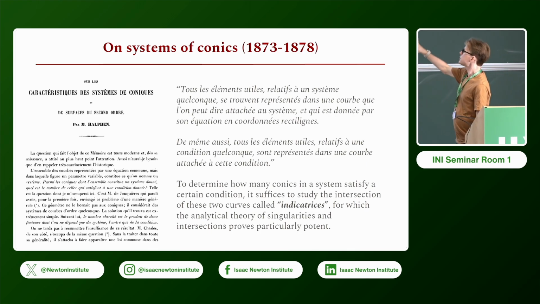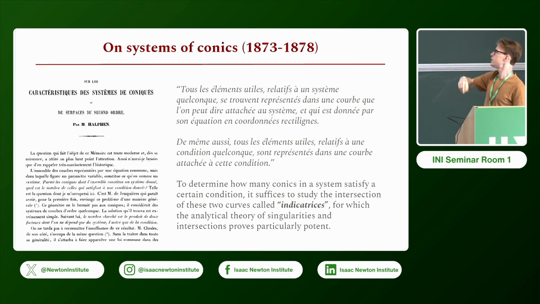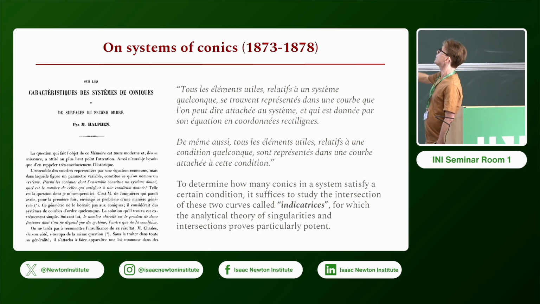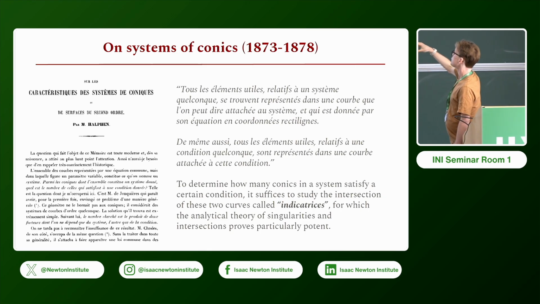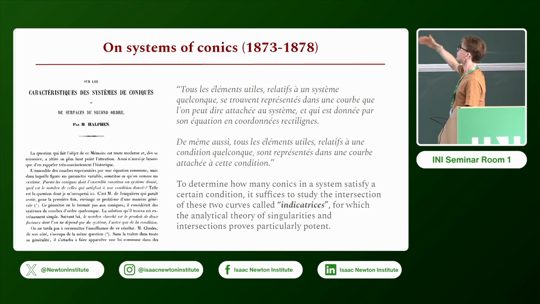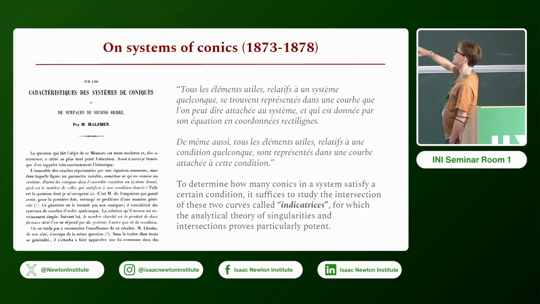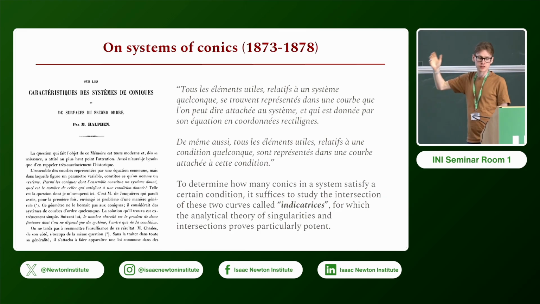So he says in this memoir from 1878, but really the conclusion of many other earlier works, all the useful elements that relate to a system of conics can be represented by a curve that we might call attached to the system, or sometimes he calls it an indicatrice.